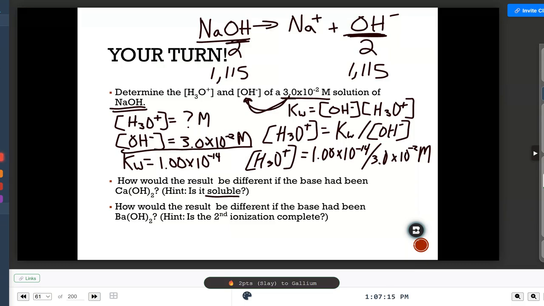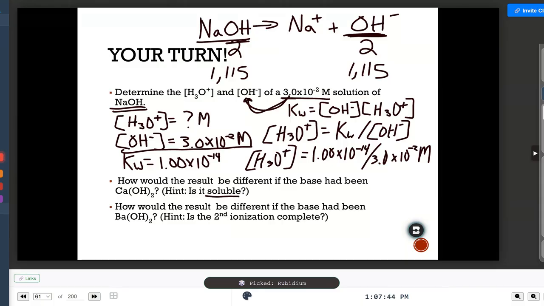And then we write out our formula, rearrange to solve for hydronium, plug in our values, and for our answer, we're going to get what? 3.3 times 10 to the negative 13th.